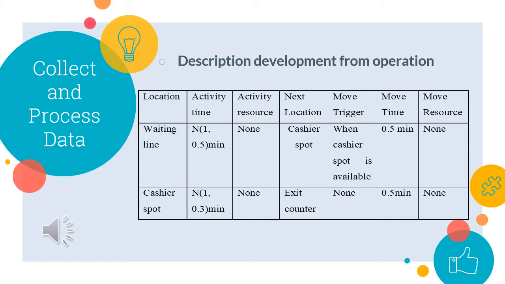As you can see, the first is the location waiting line, then activity time, activity resource, next location cashier spot, move trigger when cashier spot is available, then move time, move resource, cashier spot, normal, exit counter, and finish.